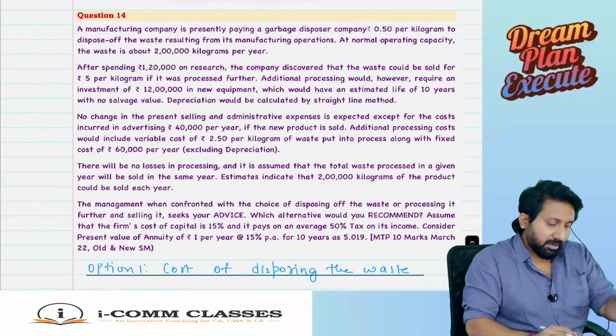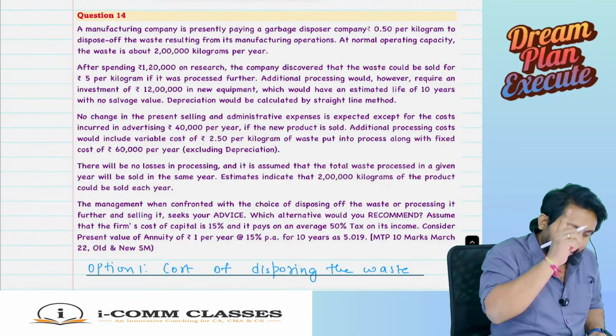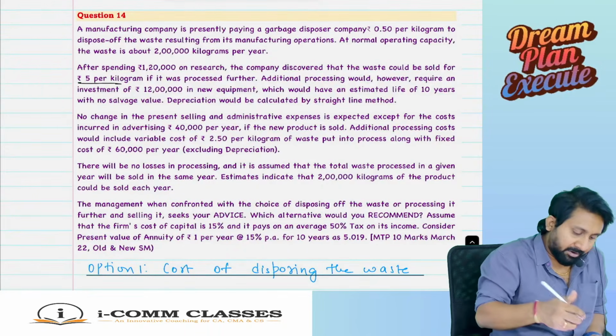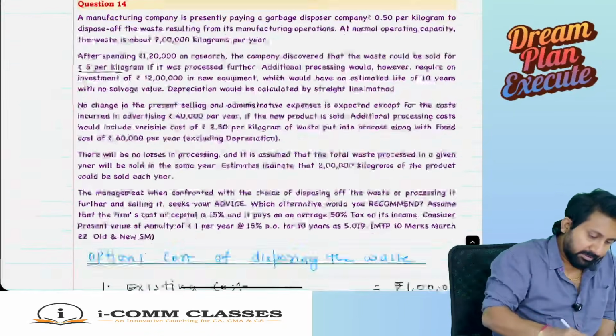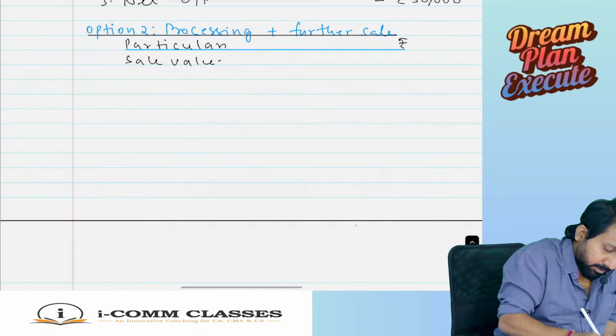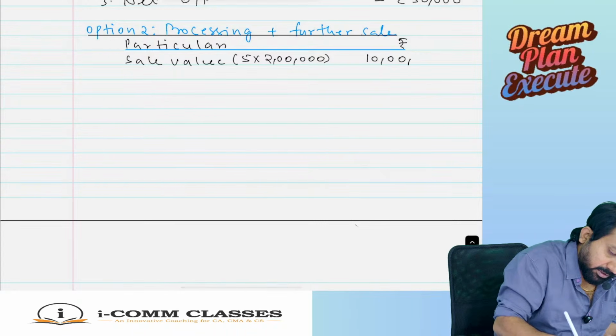Tell me, what is the sale price for each kilogram of waste? 5 per kilogram. Right now. Sale value 5 into 2 lakh kgs. How much?